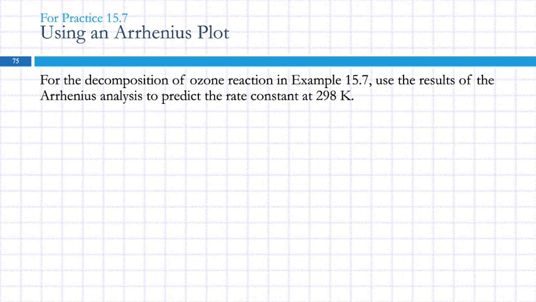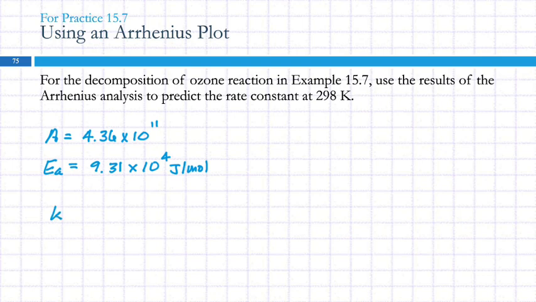If we want to find the rate constant, we're just going to use the Arrhenius equation, which is k is equal to A times e raised to the power negative Ea over RT.